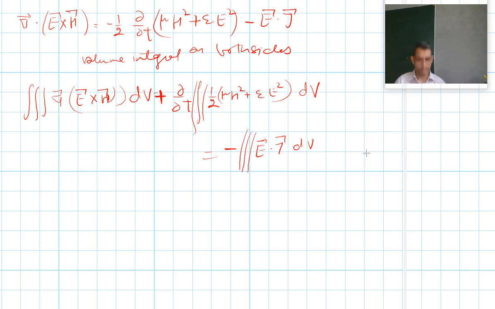Also we know, using Ohm's law, that J is equal to sigma E. This is Ohm's law in vector form.